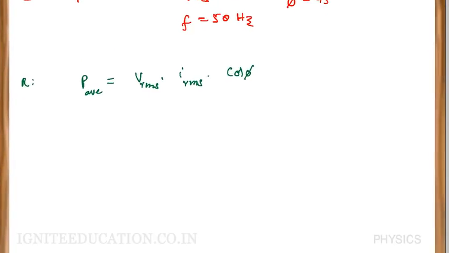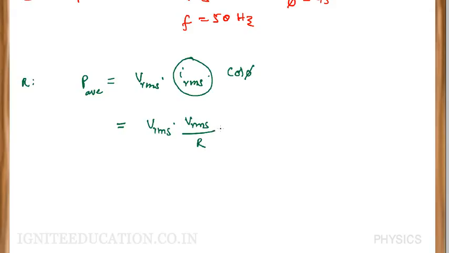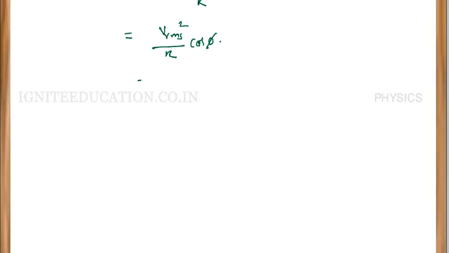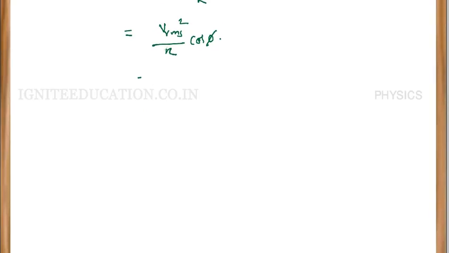But I is not given, so for Irms we use Irms is equal to Vrms divided by Z. Here we got an expression for P average in terms of Vrms, R and cos phi.